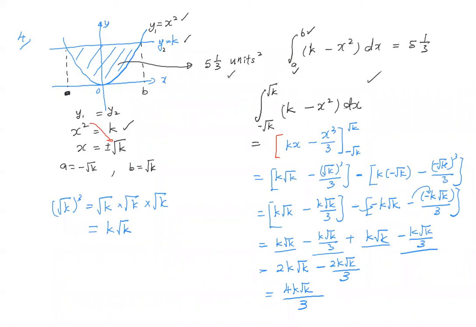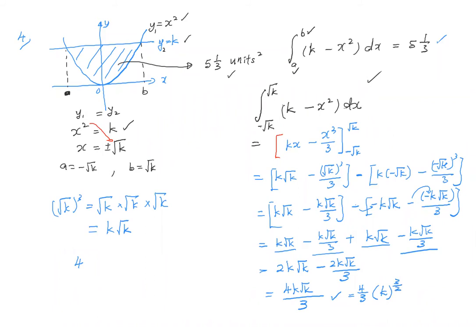Are you okay? So, done. Okay, now I have to equate this equal to this. So I have 4 over 3 k to the power of 3 over 2.